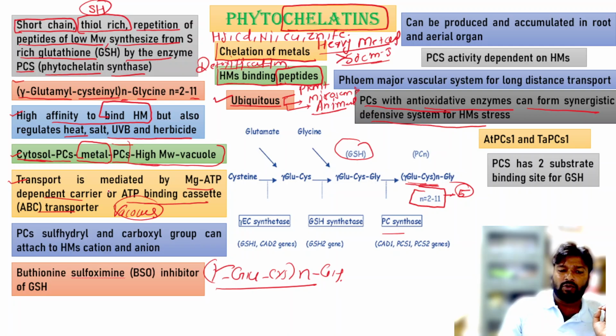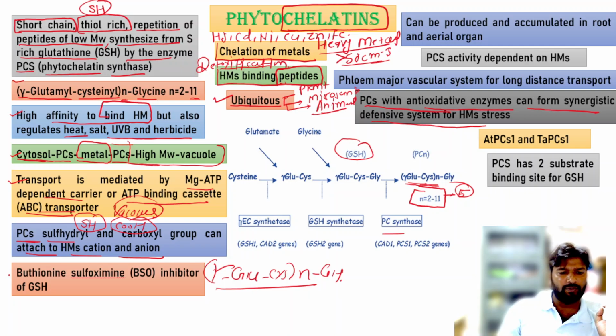Okay. So friends, these ABC transporters have an important role in the transport of large molecular weight compounds in the cell. Next point is that the phytochelatin sulfhydryl SH and COOH groups can attach to heavy metal cations and anions. So these two groups are attached to the heavy metals.